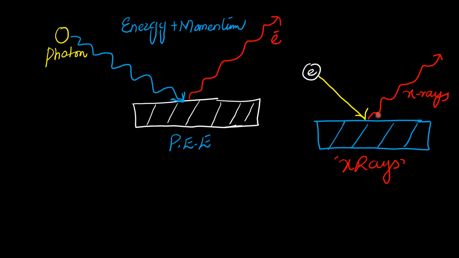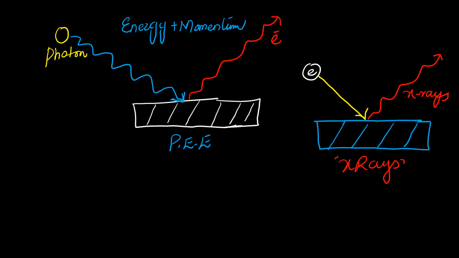And keep in mind that there are two ways of interaction of an electron with the surface of a metal. One way, the electron may interact with the surface of a metal and cause an inner shell transition. In the second way, there could be a possibility of de-acceleration of the incident electron. So due to de-acceleration or inner shell transition, there is a possibility of generation of electromagnetic radiations known as X-rays.